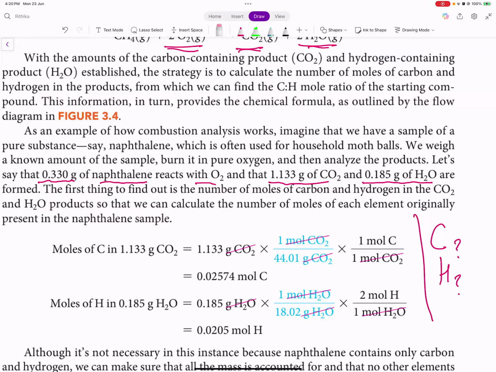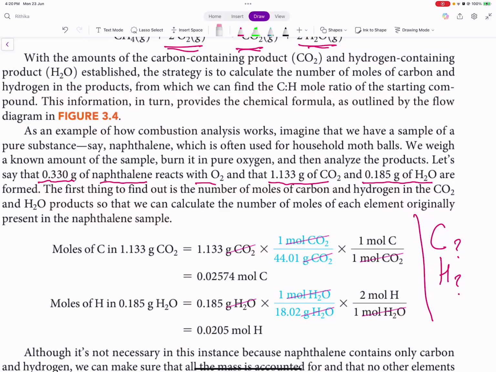Sir, can you say it again? See, whatever we can say about a single molecule. Remember, we did the counting thing and we said that first we just look at one molecule. In one molecule of CO2, I have one carbon.